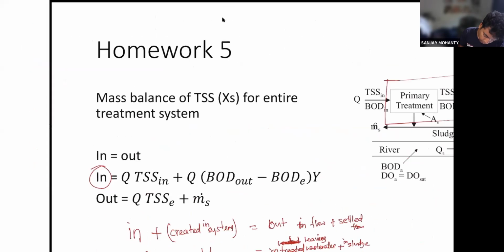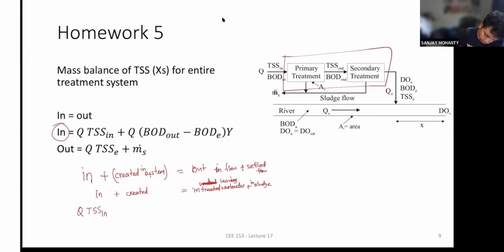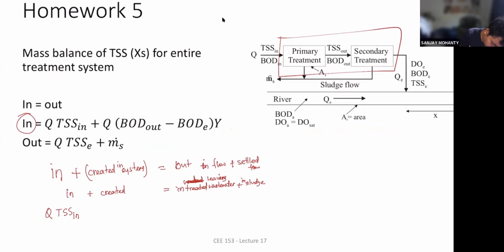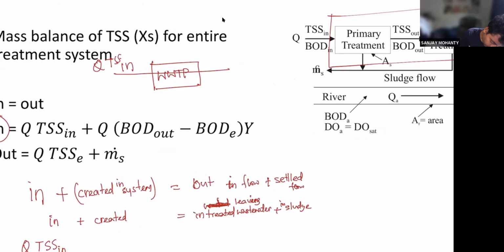Okay, so let me make it the correct way. Let's say this is the entire wastewater treatment plant. So this is coming in: Q, TSS in, and BOD in.